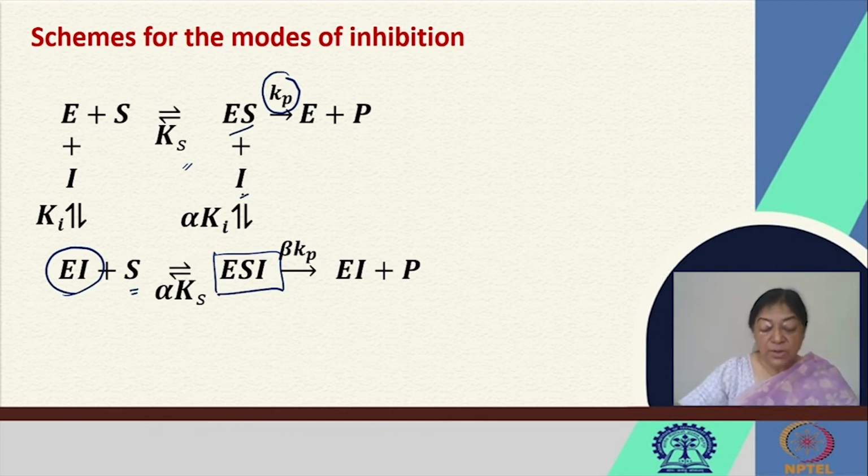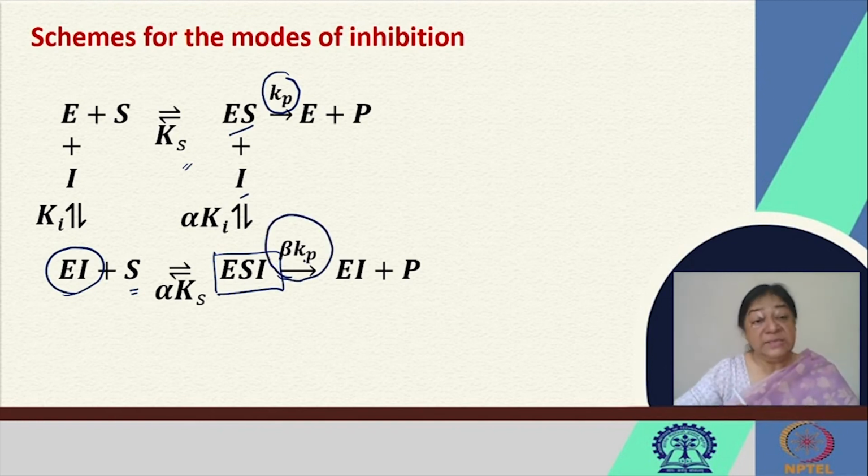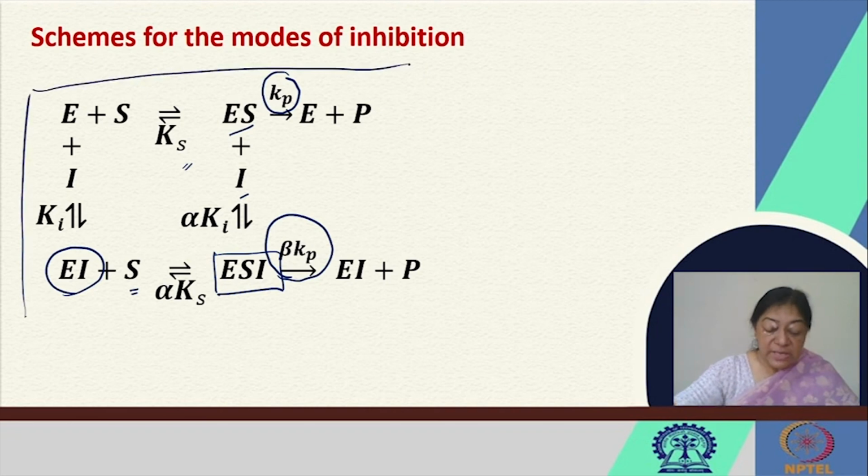If we now look at the whole scheme of the matter, it may so happen that in several cases, a substrate analog that looks like a substrate, a competitive inhibitor, would follow this pattern only.